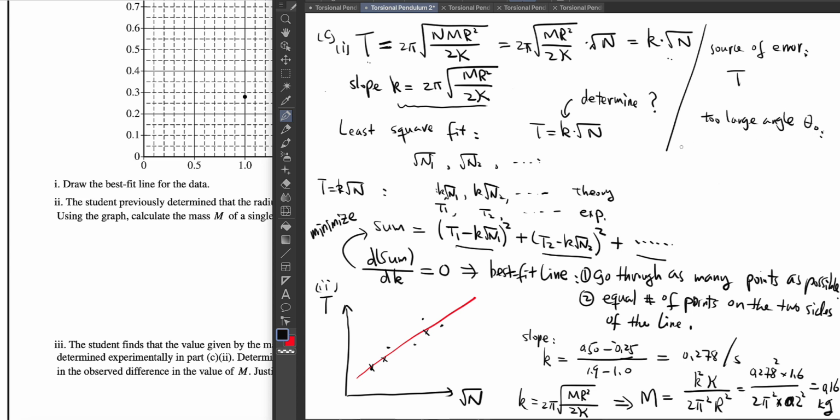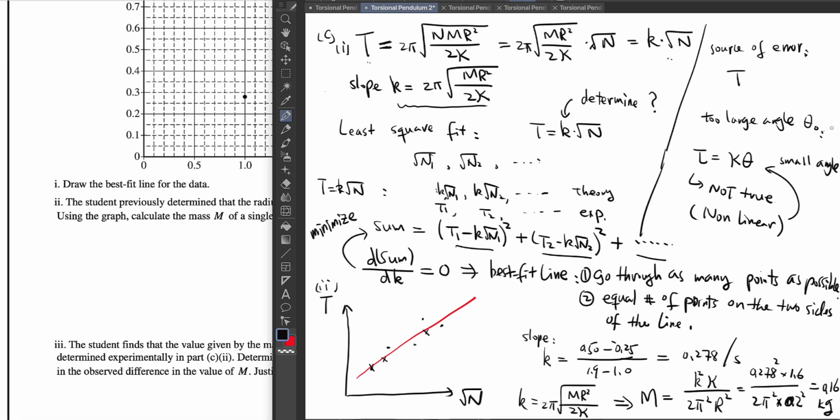So the torque relation we said earlier, tau equals kappa theta, maybe is not true anymore, because it becomes nonlinear. What we have here is a linear relation, and it only applies to small angles.